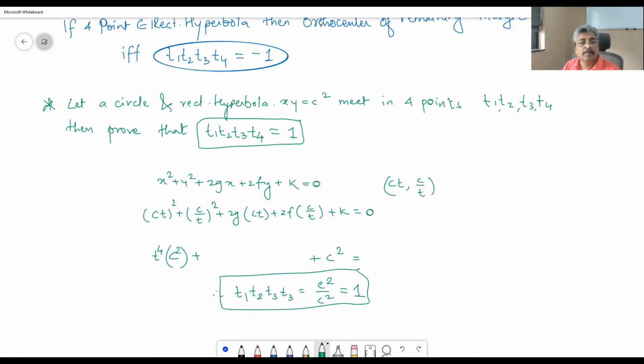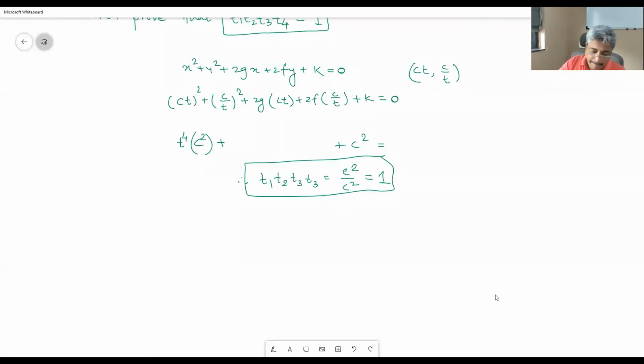Now, the circle meets the hyperbola at points P1, P2, P3, P4, and C is the center of the hyperbola.